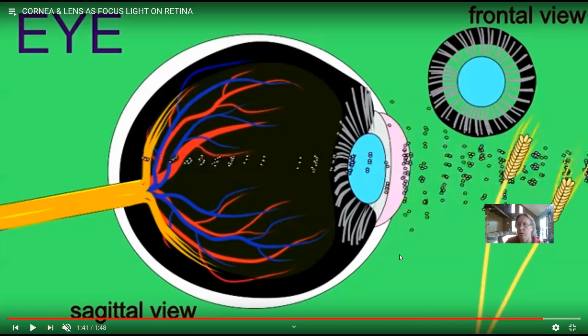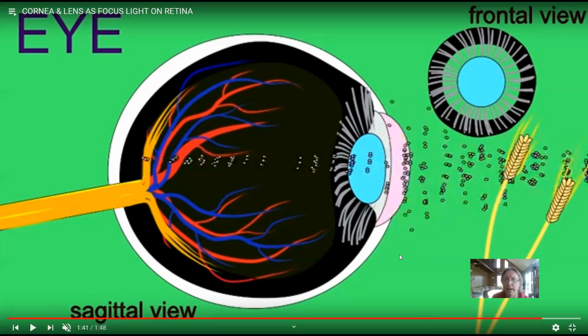Now, just a quick comment on glasses, but obviously that's a whole other scenario. So why might you need glasses? Well, if you have something known as myopia, this could be caused by having a thicker lens or an elongated eyeball.